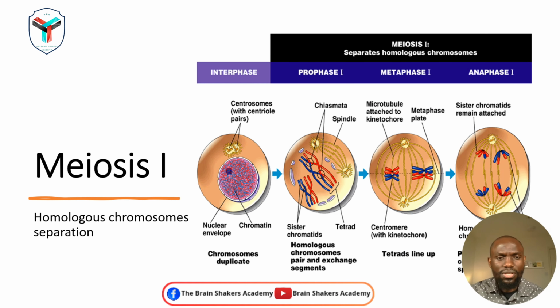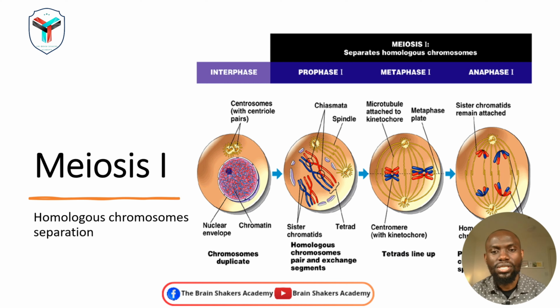Now, in meiosis 1, it is important to notice that it is the separation of the homologous chromosomes. Every cell has chromosomes from the paternal and from the maternal side, and those are homologous chromosomes.